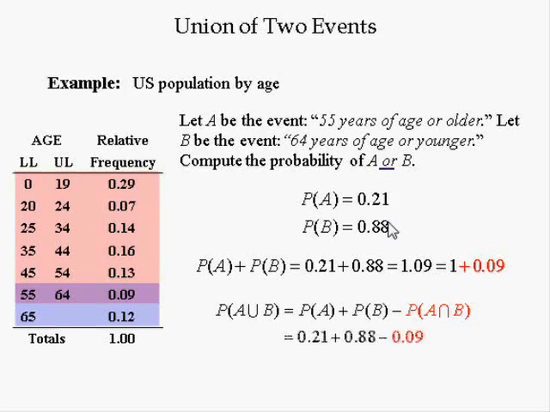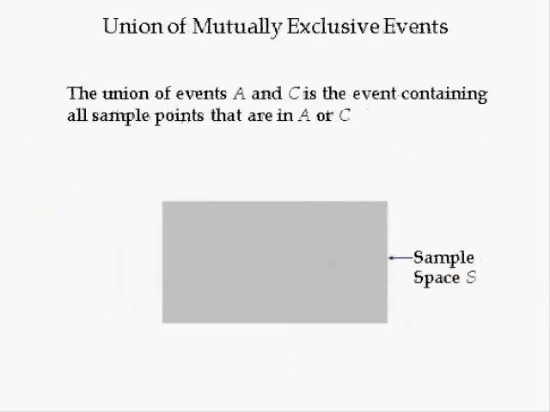The probability of A union B equals 0.21 plus 0.88 minus 0.09, which is equal to 1. This makes sense because everybody is either 55 years of age or older or 64 years of age or younger.